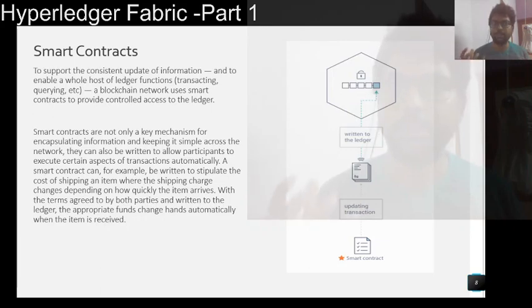One of the key features of this smart contract is querying your database and transaction database. For example, in a regular database, you have a database admin who accesses your database, and an application accesses and sees the data through JDBC and ODBC connections.